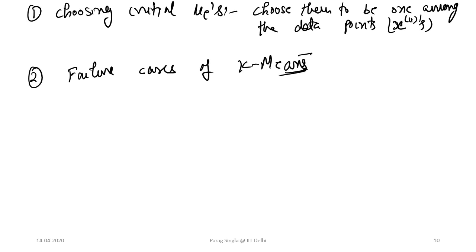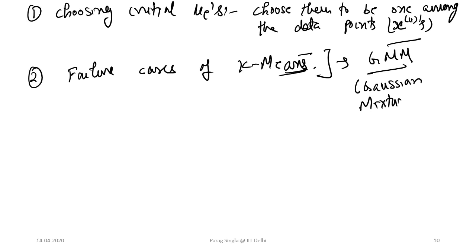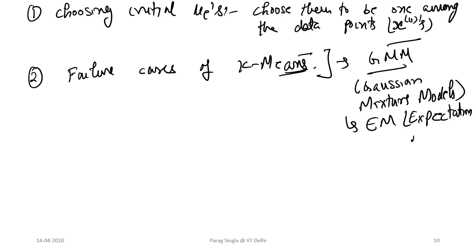It does not give an intuitive clustering, and that will lead us to the next algorithm, which will be about density estimation, but clustering will fall out as a byproduct of this, which will be GMM or Gaussian mixture models. And this will eventually lead us to study a very important algorithm which is referred to as expectation maximization. Okay, let me stop here and I will continue in the next.